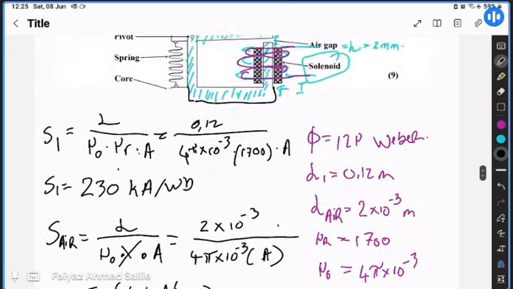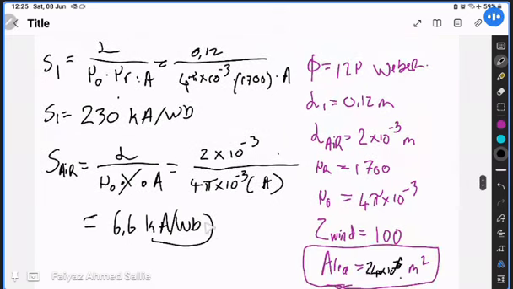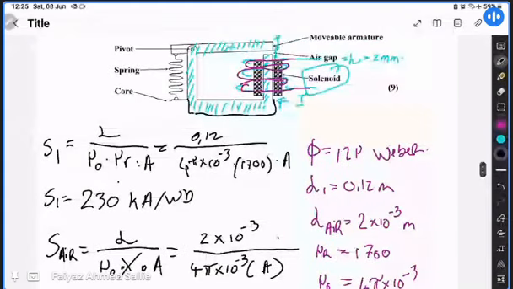Okay, so this here is from the formula of reluctance, which is equal to the magnetic motive force over the current.